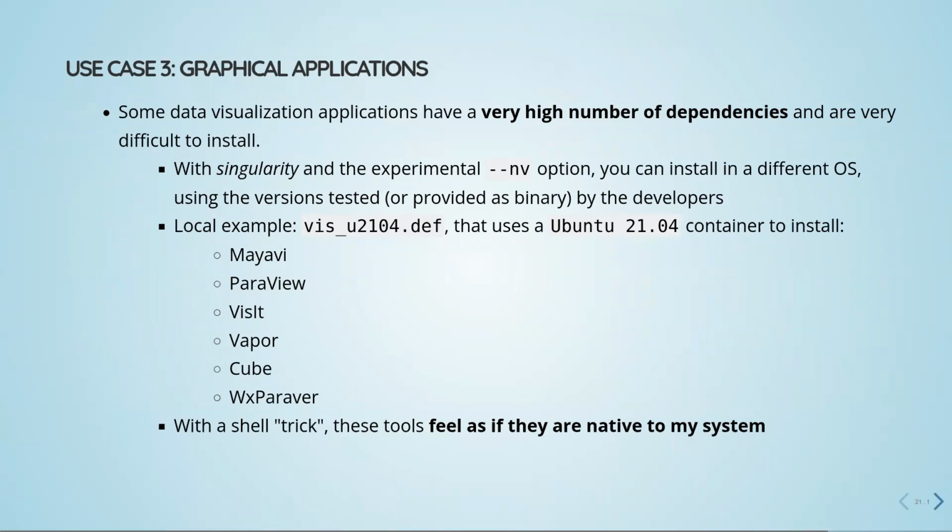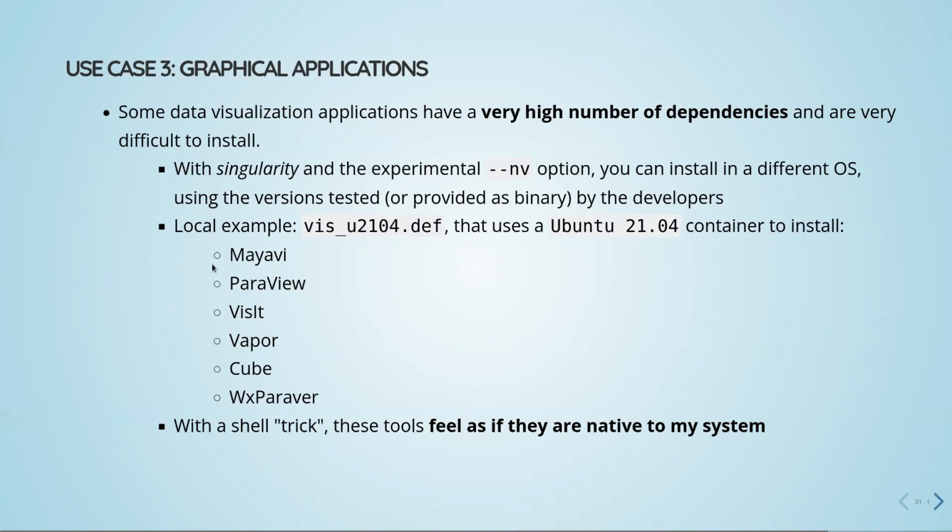The third one, this is actually something that I use almost daily in my workstation. For example, with Singularity, graphical applications, where you can install graphical applications. This saves a lot of time in my case, because these applications are complicated to install, with many dependencies.